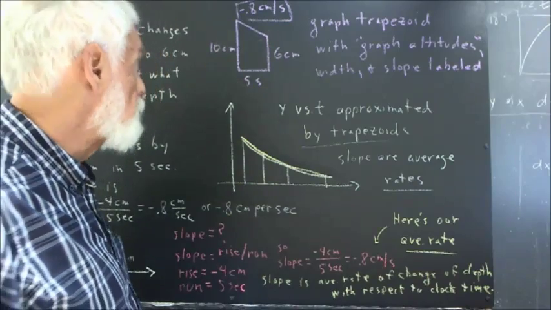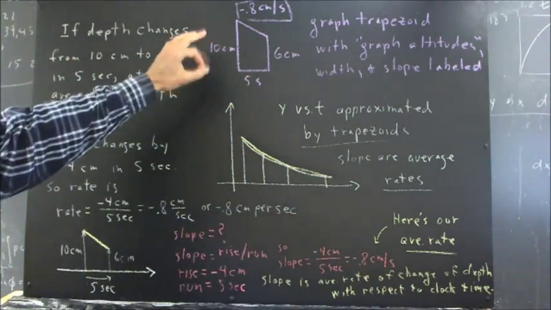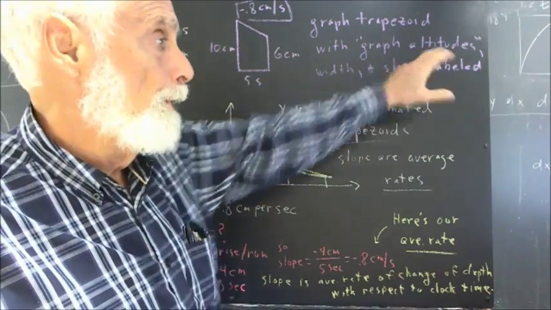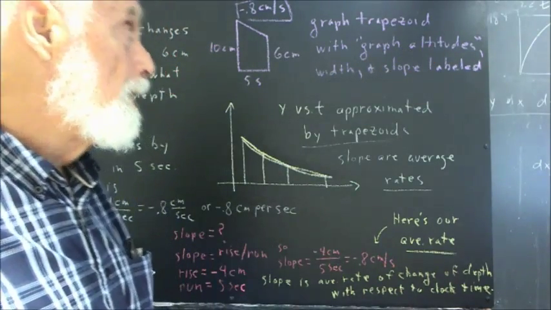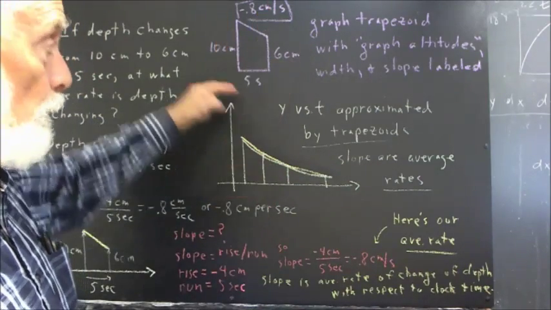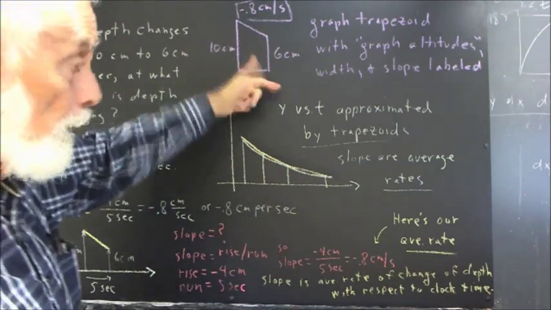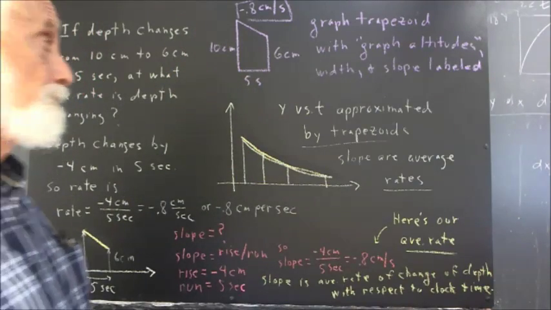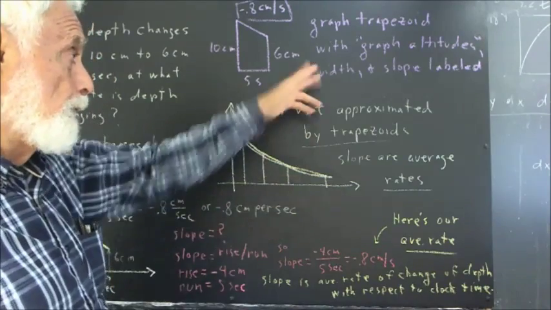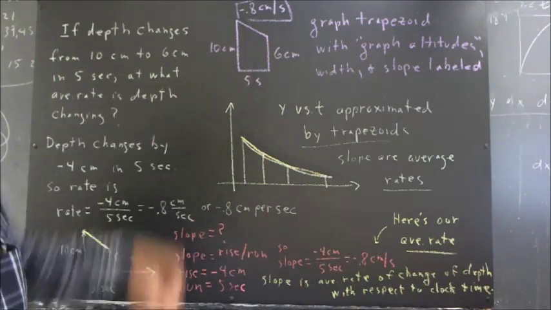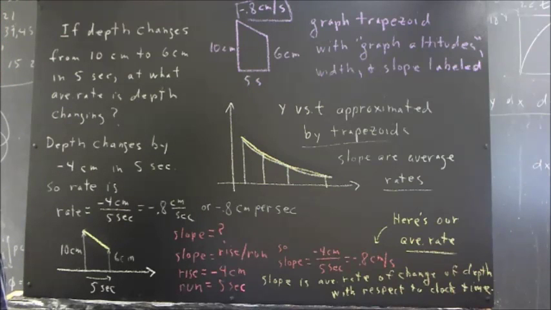I said width a minute ago because I wasn't thinking. Okay, well, just understand that these graph altitudes are not altitudes of the trapezoid. They're altitudes on the graph. You don't really have to know it, but the width of the trapezoid is, in fact, its altitude. Don't let that be too confusing because the idea is pretty straightforward, and we'll go on with it a little bit tomorrow anyway. Okay.